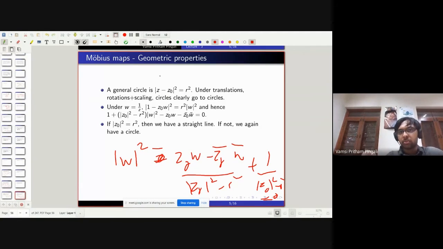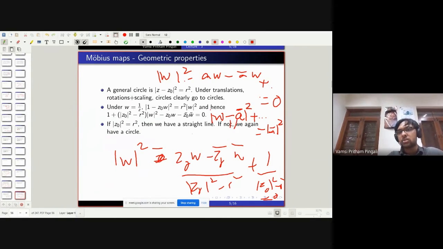Suppose you have mod W square minus AW minus A bar W bar plus blah equals 0, where blah doesn't involve W. Then you can say that it is mod W minus A square, plus whatever is there, is mod A square.